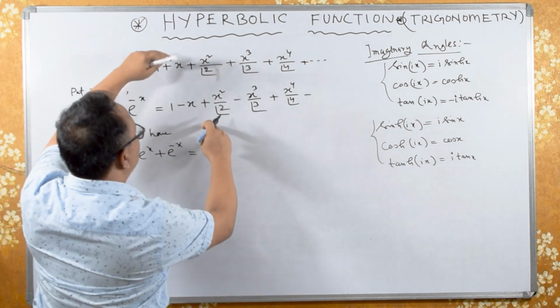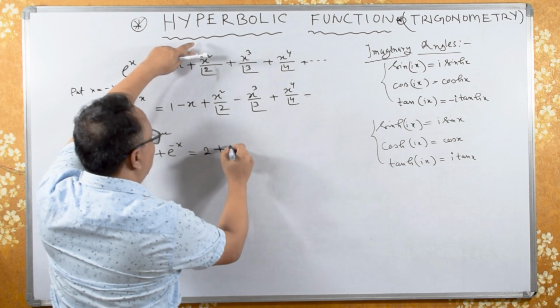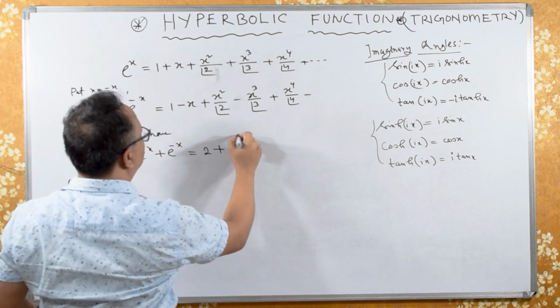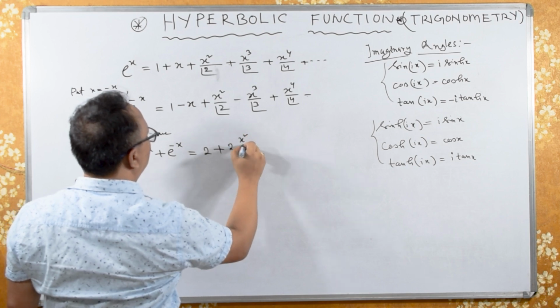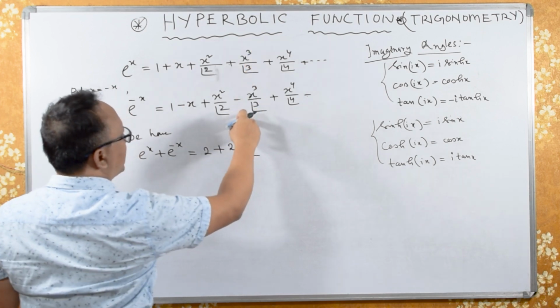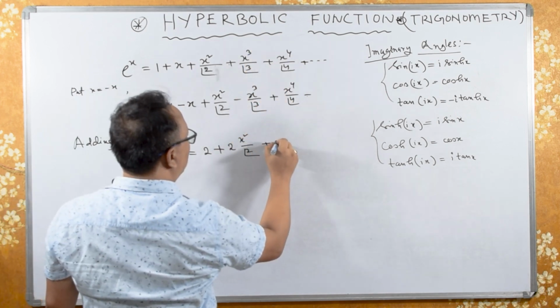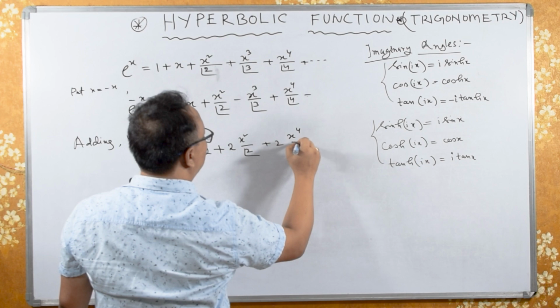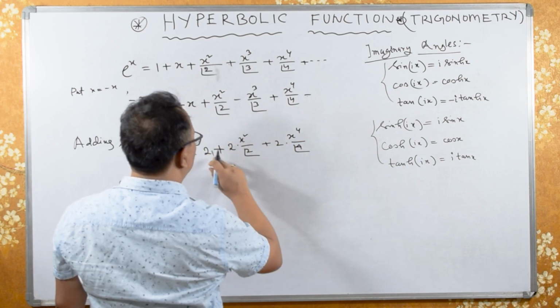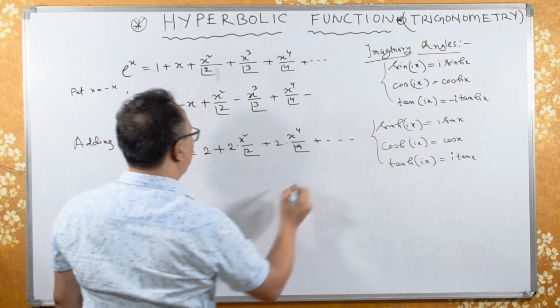So adding these two, we have twice x square by 2 factorial, and the odd terms get cancelled. Again I have twice x4 by 4 factorial, and so on.